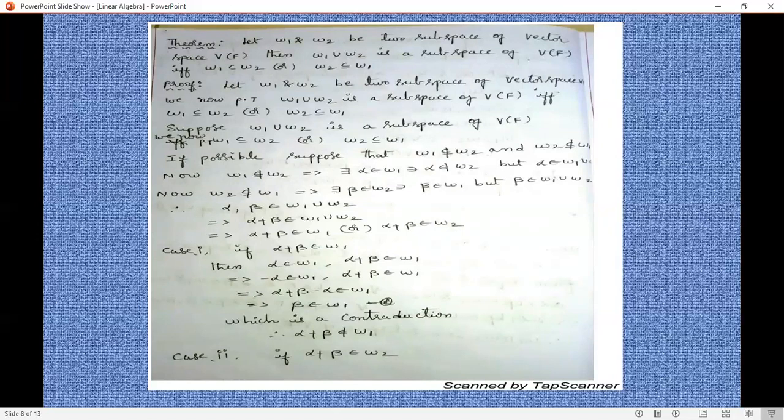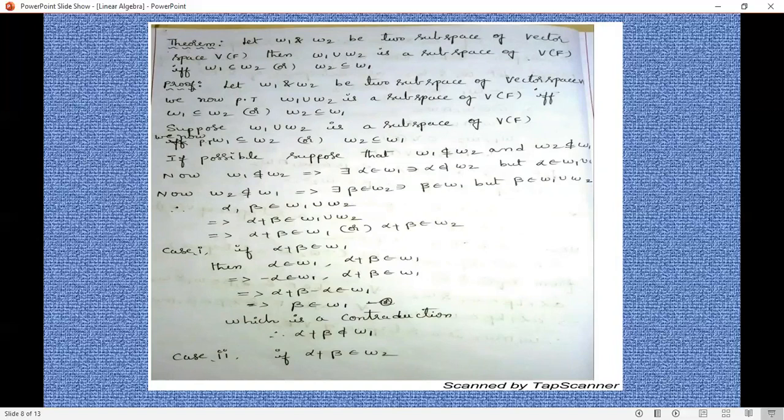Now we are taking one of these. W1 is not contained in W2 implies, for example, we take one element in W1 that does not belong to the other one, that means it does not belong to W2. So W1 not contained in W2 implies there exists alpha belongs to W1 such that alpha does not belong to W2, but alpha belongs to W1 union W2, since union means W1 or W2. Next, we consider the other statement.